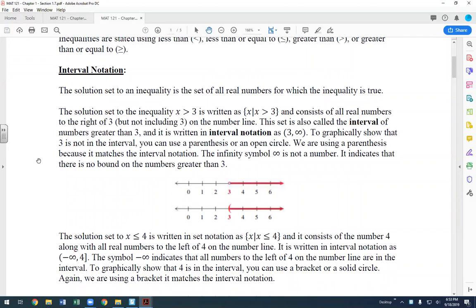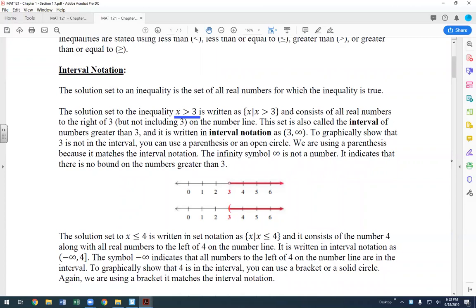So that's kind of what the interval notation is talking about: instead of leaving our answers as an inequality, how can we put it in this form? So the idea is, if you have x greater than 3, then we are saying the value of x can be anything as long as that number is larger than 3, right? So that means if you're talking in terms of number line, you're going all the way to positive infinity.